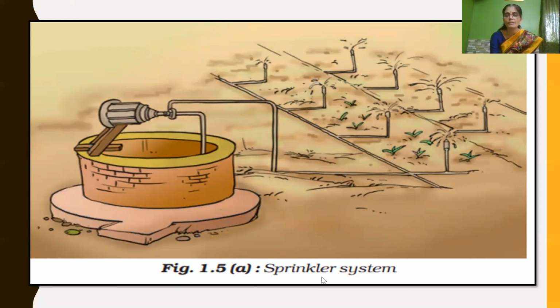And water gets sprinkled. So it is sprinkler irrigation. For which plantation, which crops, is it useful? For coffee plantation. And where is it useful? Where the land is uneven, isn't it? So in these places sprinkler irrigation is useful. Sprinkler irrigation and drip irrigation both are modern methods of irrigation used to conserve water.